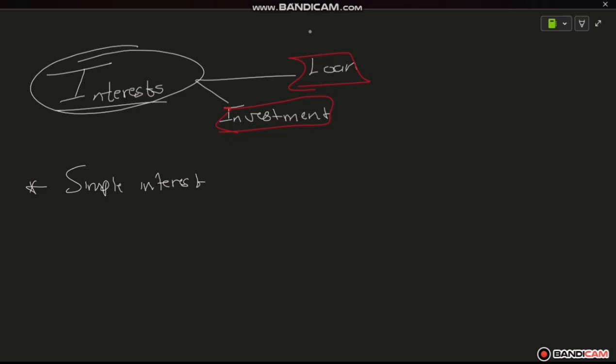So two types of interest: we have simple interest and compound interest. You must know how to differentiate them. Very, very important. An interest is something that you gain when you invest, or the extra money that you pay when you borrow money, when you request a loan.